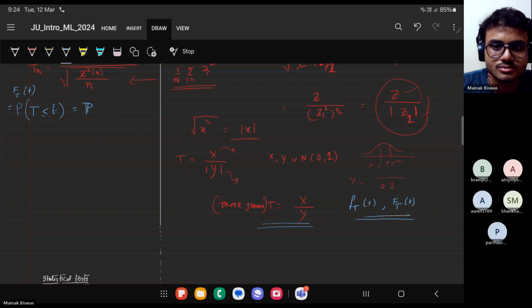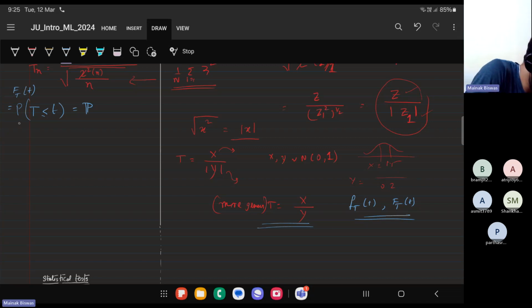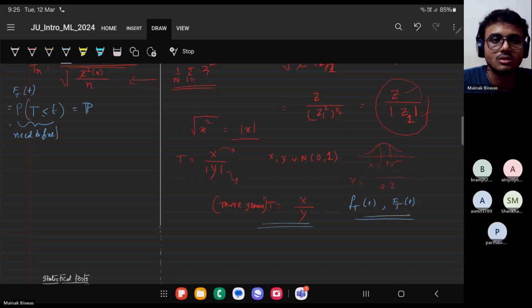Do I know F_T(t)? I need to find F_T(t). This is what I need to find. What do I know? Which distributions do I know? X and Y. T is X by Y, I've defined.